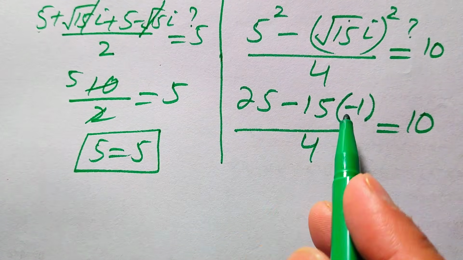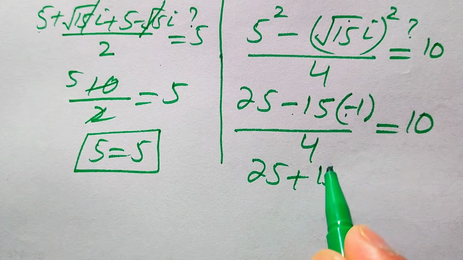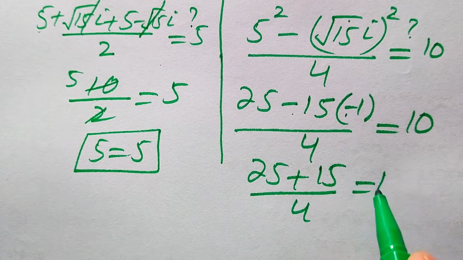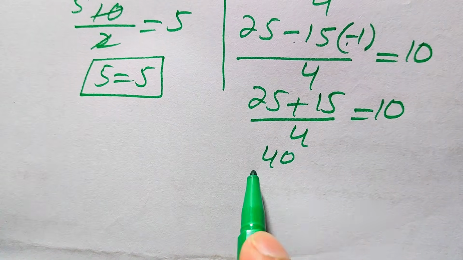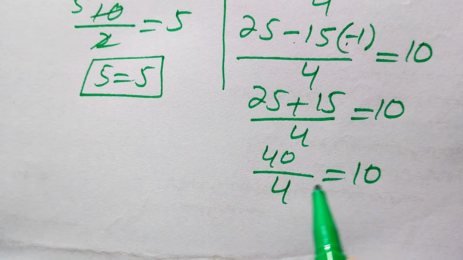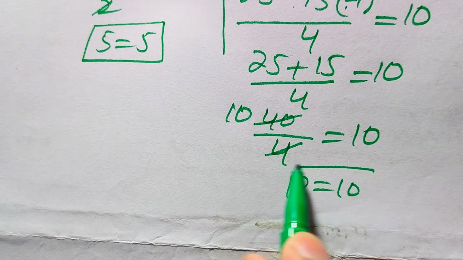So we have minus 1 times minus 15 becomes plus, and we get here 25 plus 15 divided by 4 is equal to 10, and 25 plus 15 becomes 40 divided by 4 is equal to 10, and 4 times 10 becomes 40, and we easily get here 10 is equal to 10.